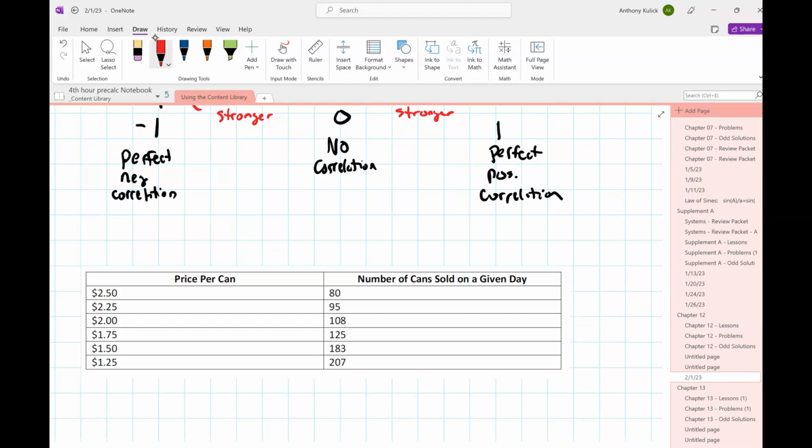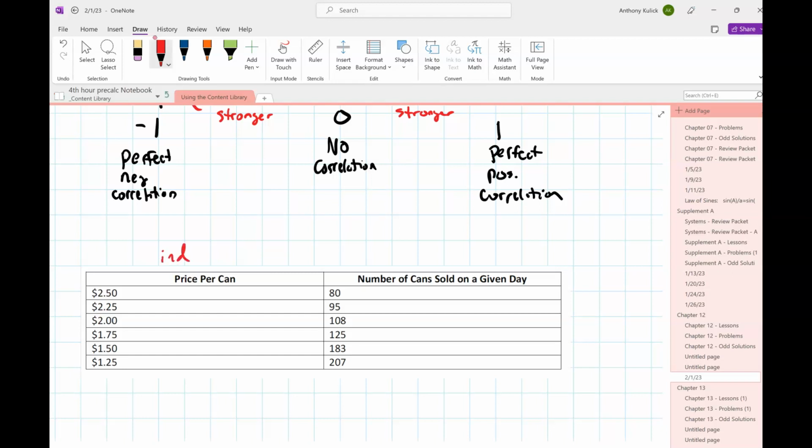So if you're the store that's measuring this, is changing the price causing the number of cans sold to change? Or is the number of cans being sold changing the price? Which one should be affecting the other? Yeah, the price should affect how many cans are sold, right?